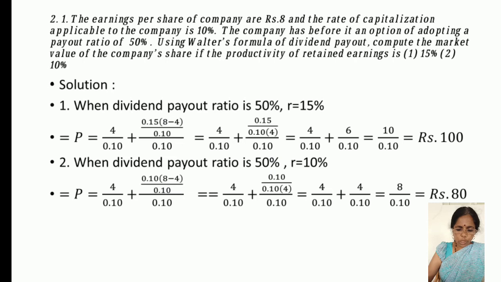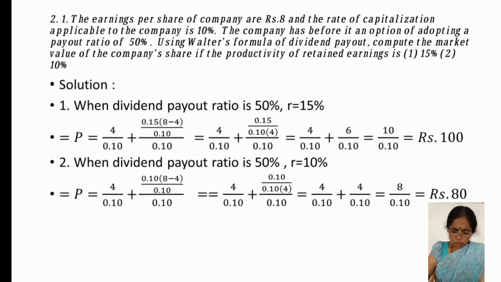So D is 4, that is 50% we are taking. So 4 divided by 0.10 plus 0.15 into 4, earnings being 8 and dividend 4, divided by 0.10. That is 4 by 0.10 plus 6 by 0.10, which gives us 10 by 0.10, is rupees 100.